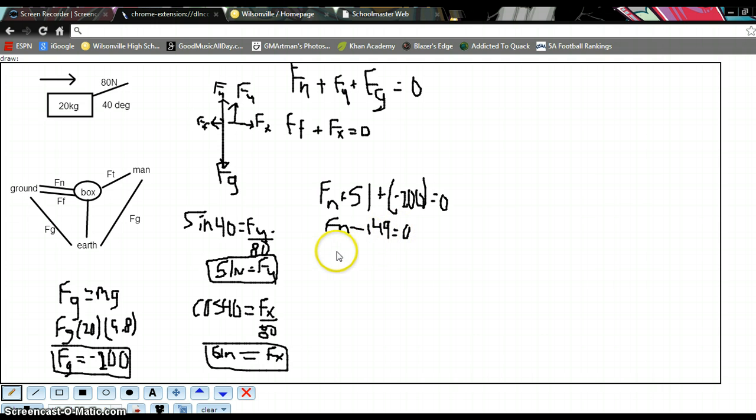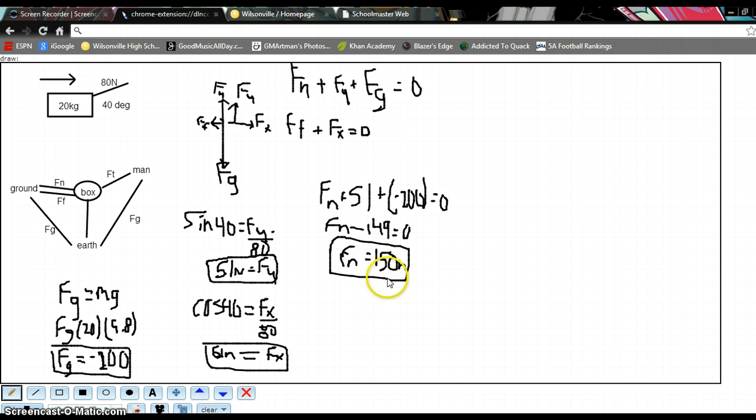You would add 149 to both sides, which would mean that your normal force would equal positive 149, no, 150, because of 2 sig figs, you would just round up to 150 newtons for your normal force.